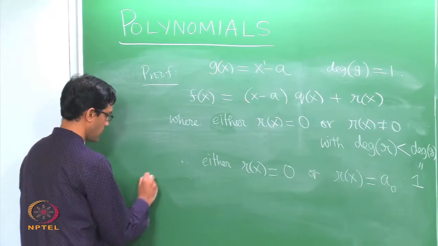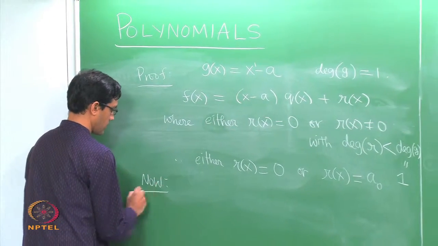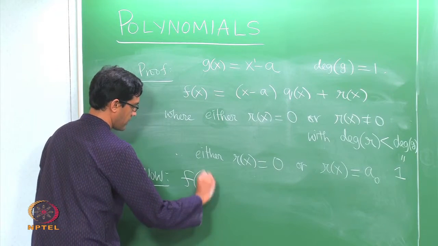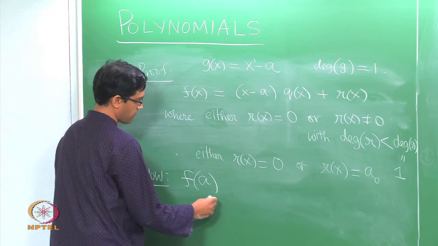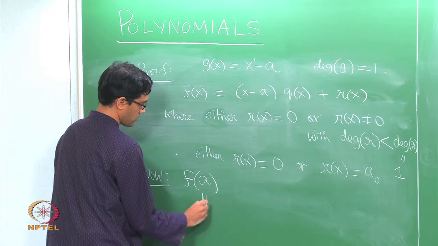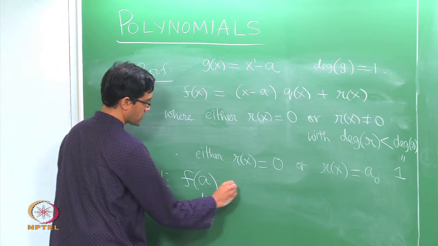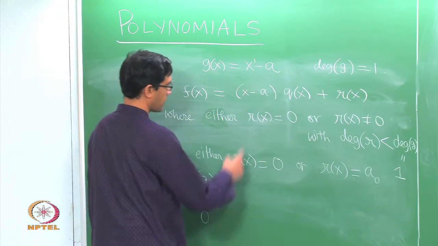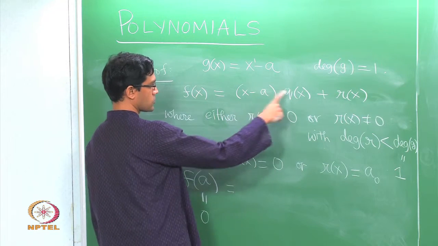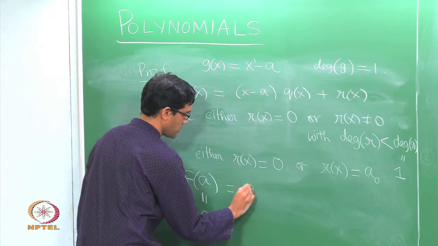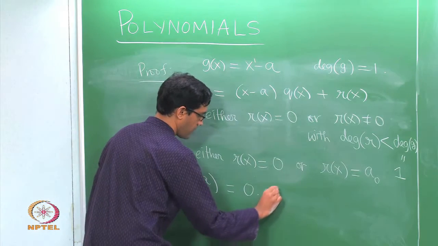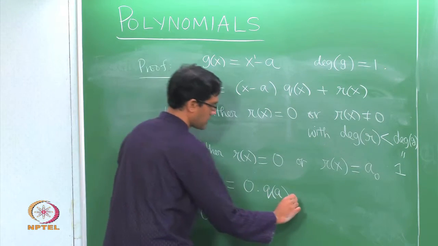So now observe that if I plug in x equal to a, the left hand side is f of a, which is 0, what is given about f, whereas the right hand side becomes the following. If I plug in x equal to a, of course this term becomes 0 times q of a, which is 0, plus r of a.